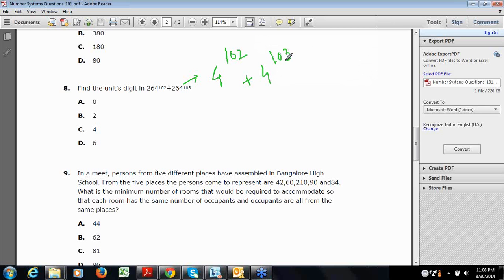You have to find out the unit digit here. So this expression has been simplified to the unit digit for 4 to the power 102 plus 4 to the power 103.